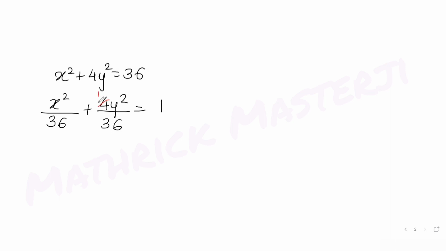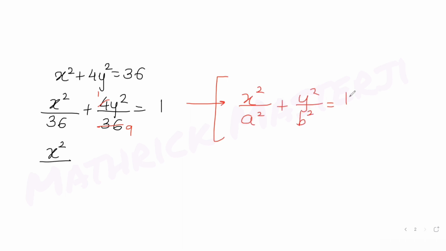Solving further, 4 ones are 4, 4 nines are 36, so I get y square by 9. In the general form, x square by a square plus y square by b square equals 1, I can write a square as 6 square and 9 as b square, that is 3 square. Comparing, a is 6 and b is 3.